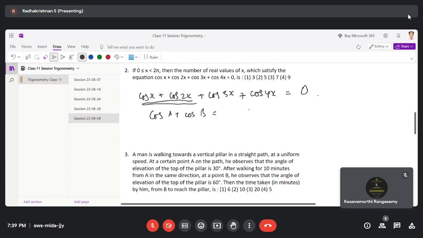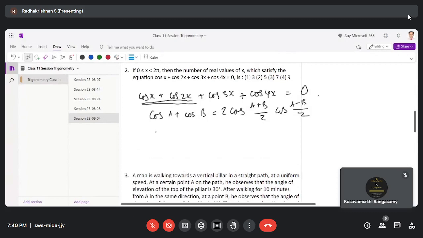Akshaya, why don't you tell me? Cos A plus cos B is equal to what? Two cos A plus B by 2 into cos A minus B by 2. Okay. So this formula we have seen many times in the past.